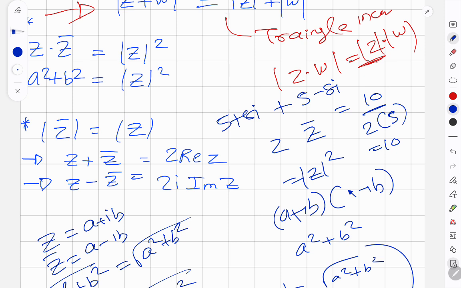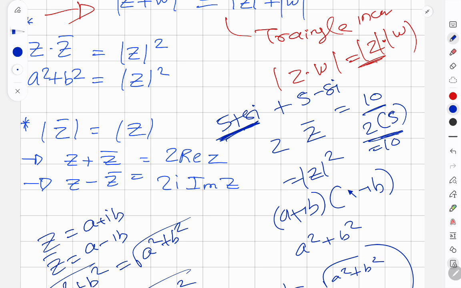It's a property: if you add a complex number to its conjugate, the imaginary part is eliminated and you are left with 2 times the real part.